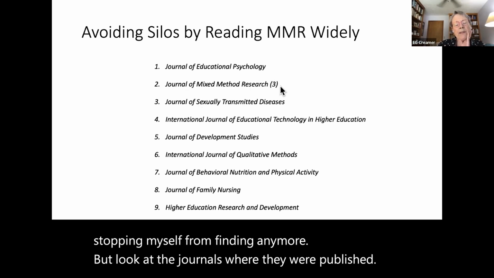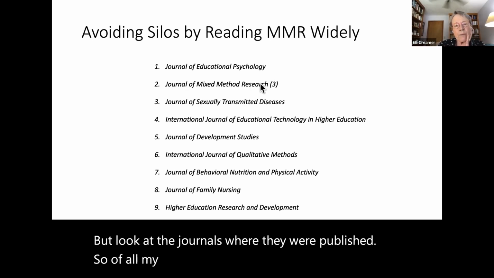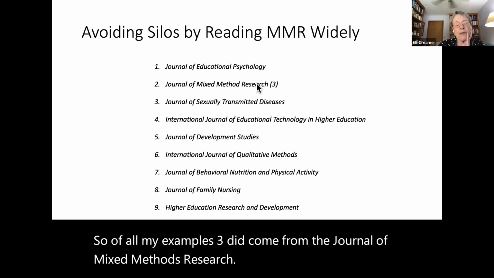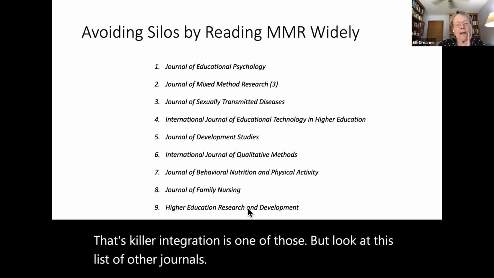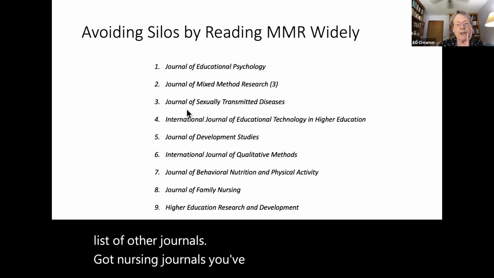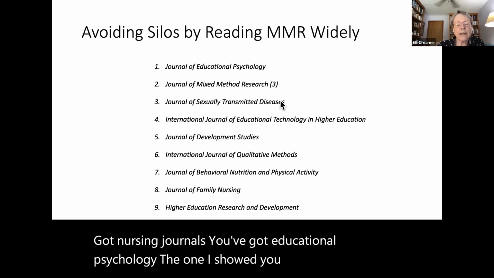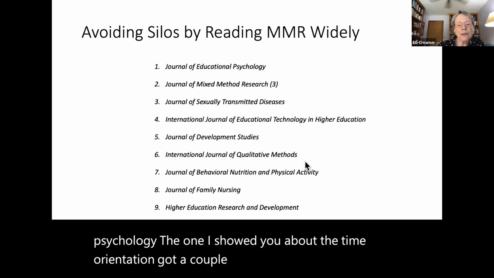Of all my examples, 3 did come from the Journal of Mixed Methods Research. Thus, pillar integration is one of those. But look at this list of other journals. You've got nursing journals, you've got educational psychology, the one I showed you about the time orientation, a couple from higher education.